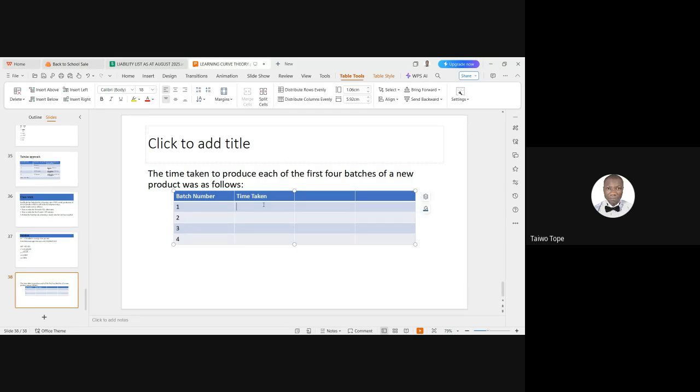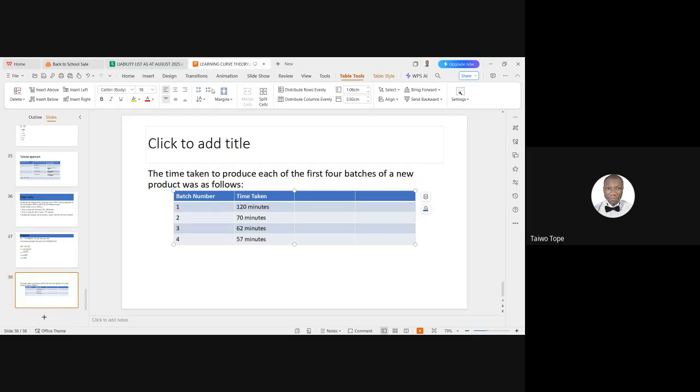The time for batch 1 is 120 minutes, batch 2 is 70 minutes, batch 3 is 62 minutes, and batch 4 is 57 minutes.